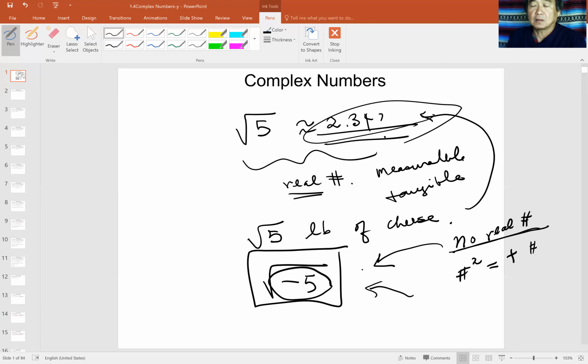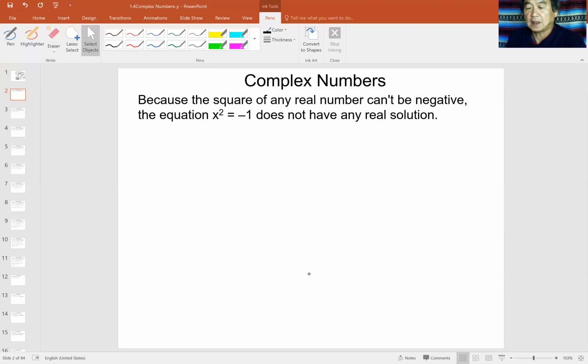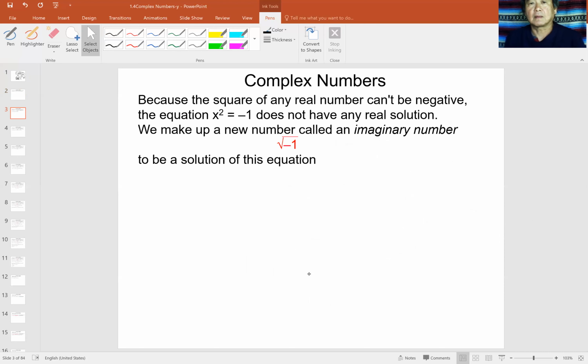So how do I make new numbers that can accommodate the square root of minus 5? Basically, we do it in the following manner. We define the square root of minus 1, and for easy writing, we just call it i. The property of i is that if I square i, I get minus 1.